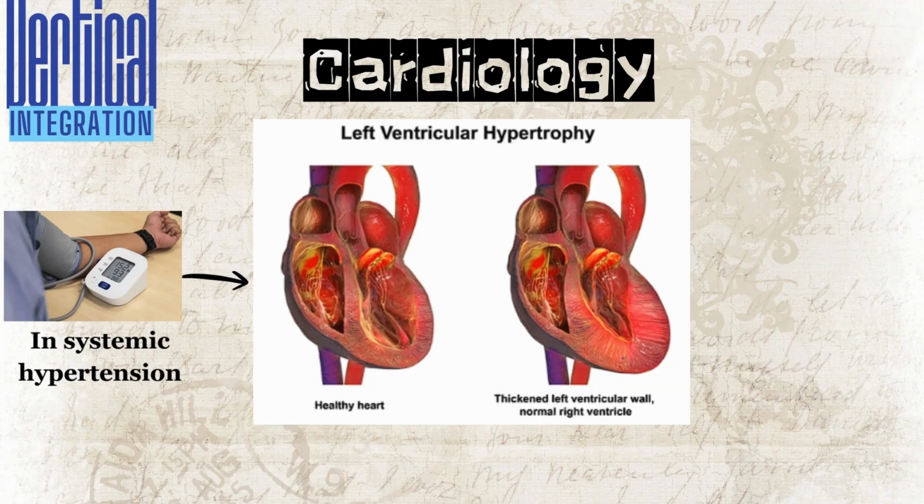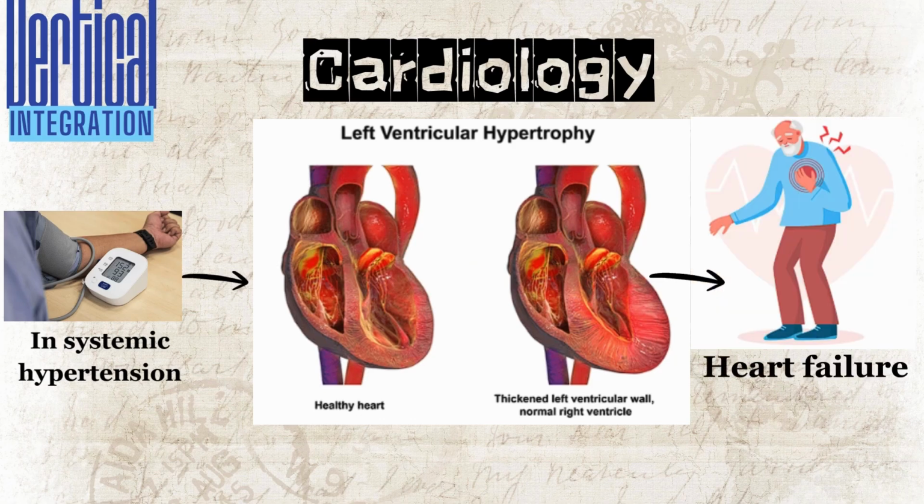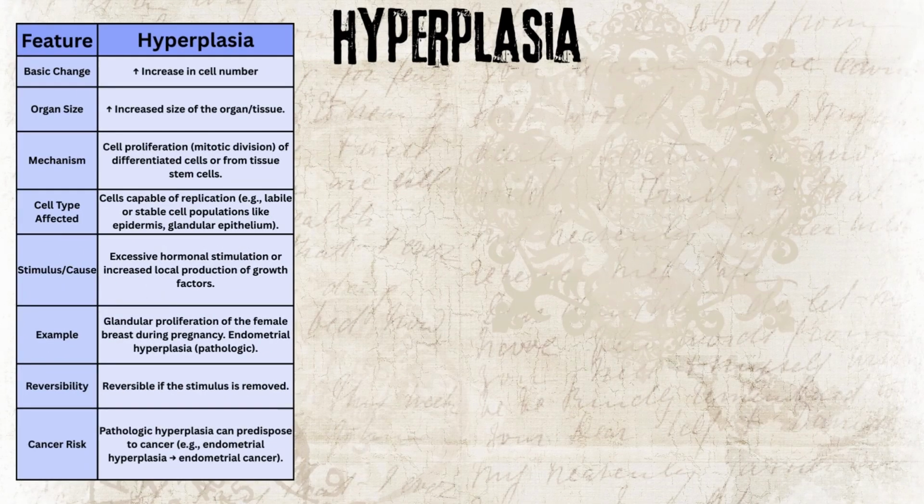In systemic hypertension, the left ventricle pushes against high resistance. The heart muscle cells can't divide, so they get huge. The wall thickens. This is good initially, but eventually that thick, stiff muscle fails.